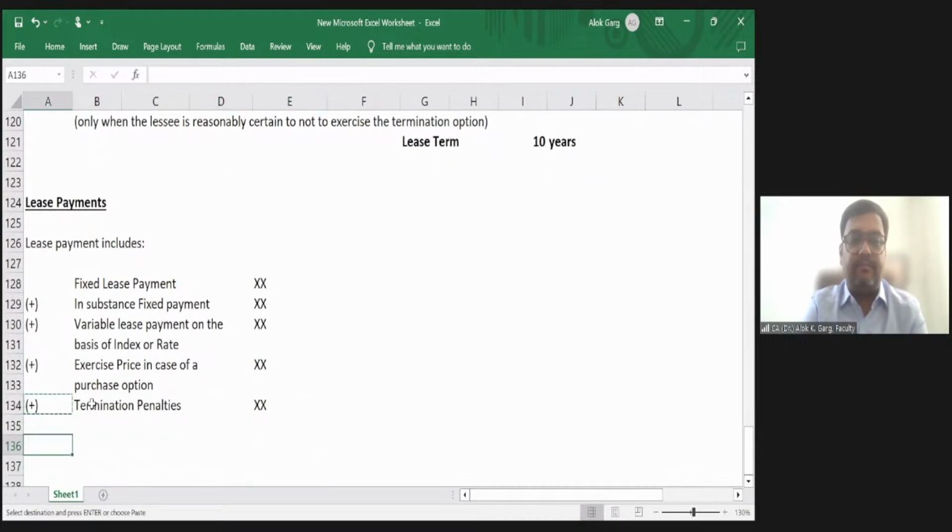Plus what? Residual value guaranteed by the lessee. So this is from the perspective of lessee.